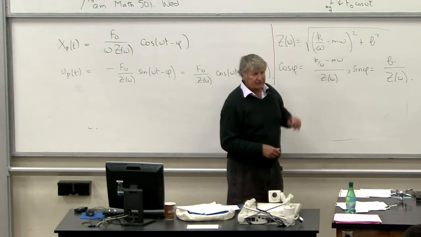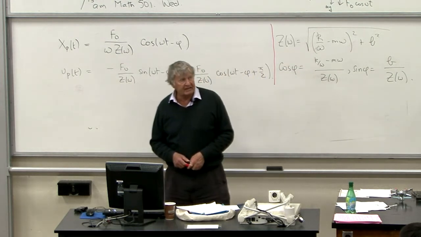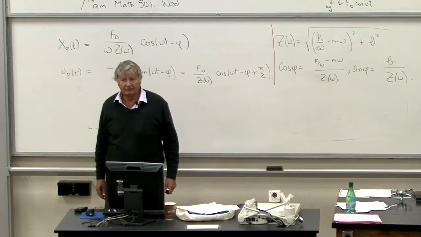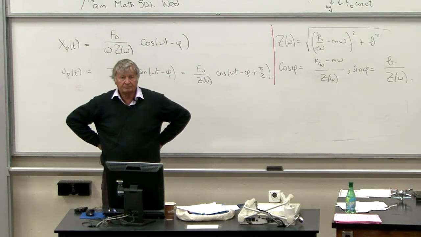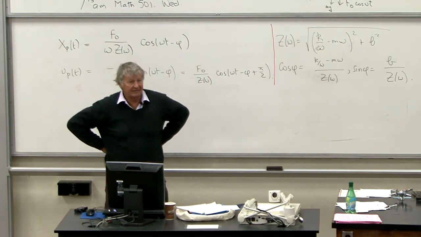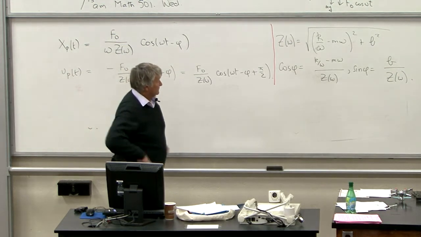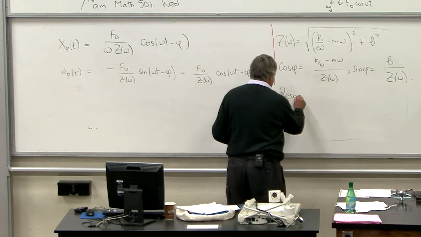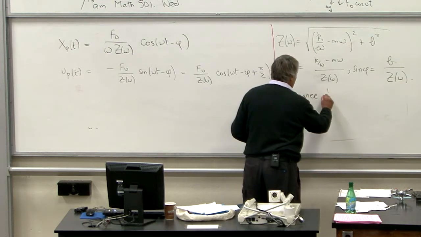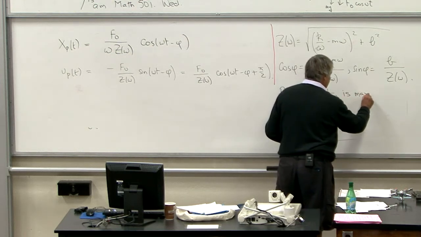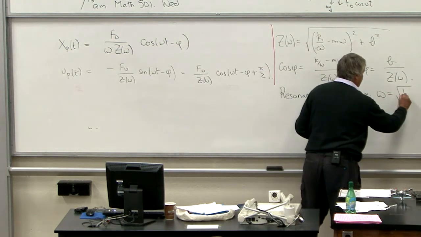If I make this small, I make 1 over Z big. So what value of omega should I choose? Yes. So we're on resonance. In other words, 1 over Z(omega) is maximum when omega is the square root of k over m.